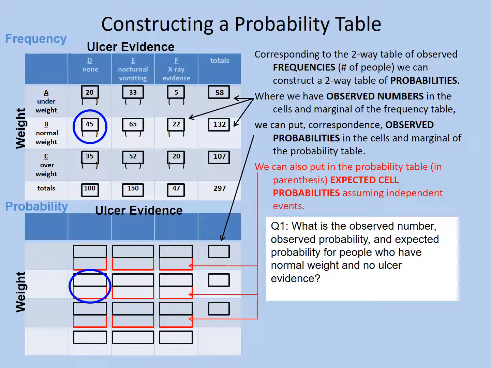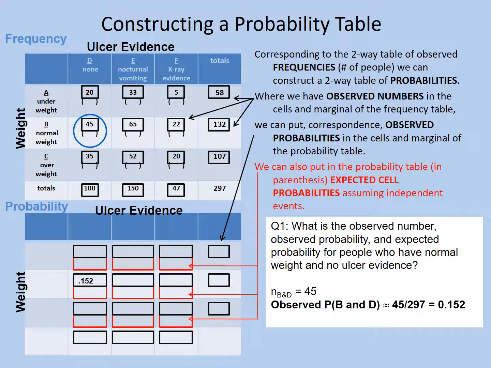So based on the information we've provided, what is the observed number, observed probability, and expected probability for people who have normal weight and no ulcer evidence? The observed number of people who have normal weight and no ulcer evidence can be found in the top table of cell frequencies, and that number is 45.